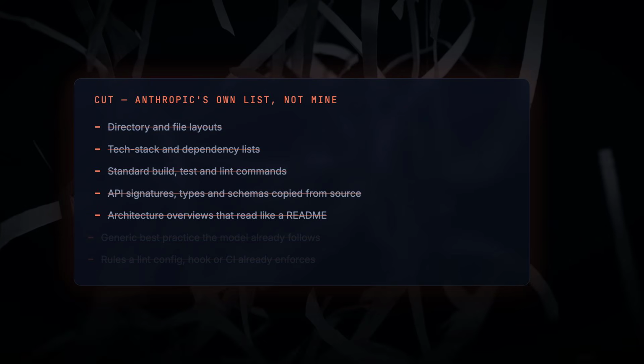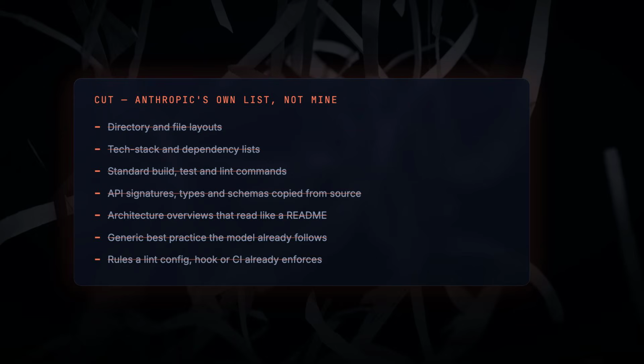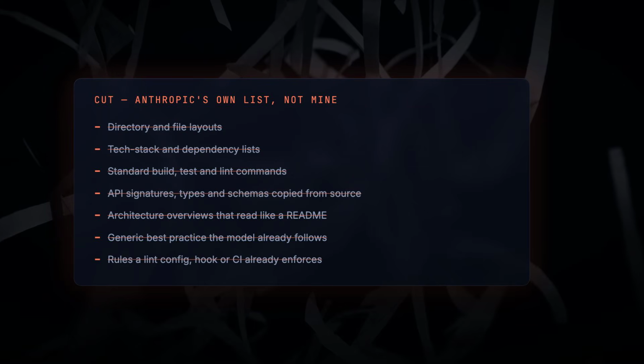Cut architecture overviews that read like a README, because the code base is the README. Cut generic best practice: write clean code, handle errors properly, add tests. And cut any rule that a lint config, a pre-commit hook, or a CI check already enforces mechanically. If the machine already blocks it, you don't need to also ask.